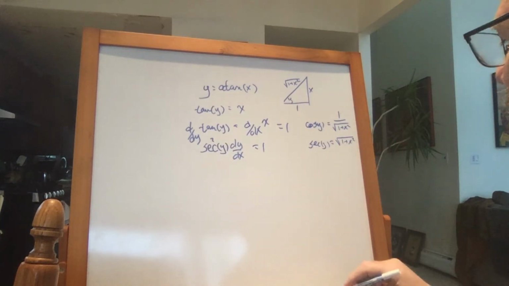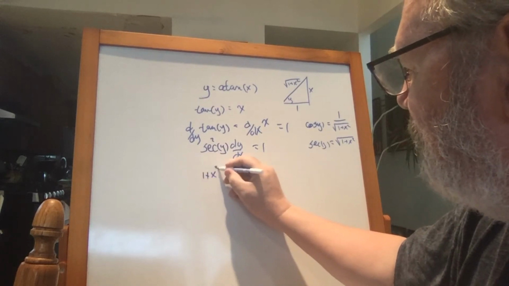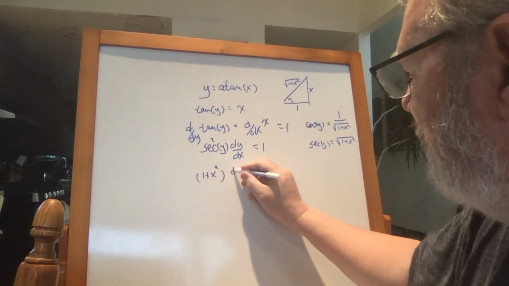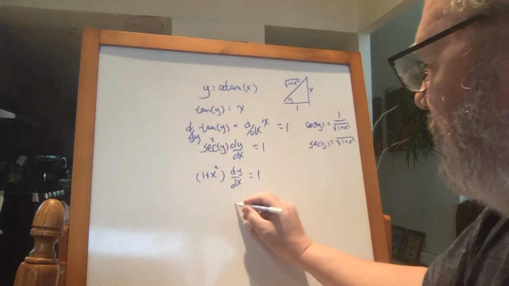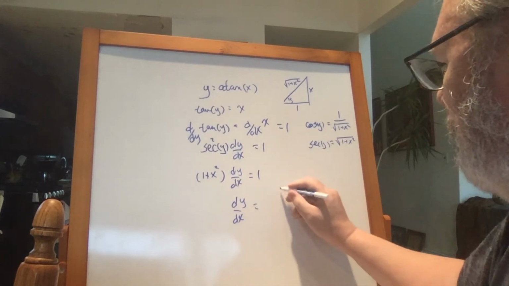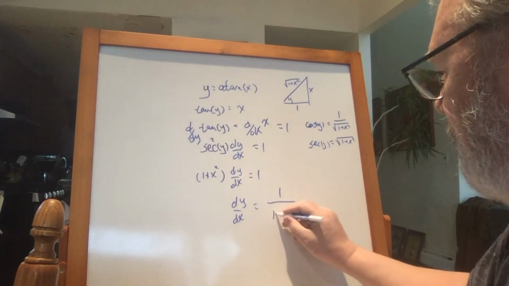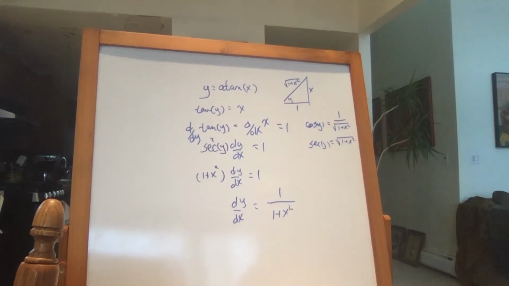And secant squared would be 1 plus x squared, times dy/dx equals 1. dy/dx equals 1 over 1 plus x squared. And that's our derivative of the arctan.